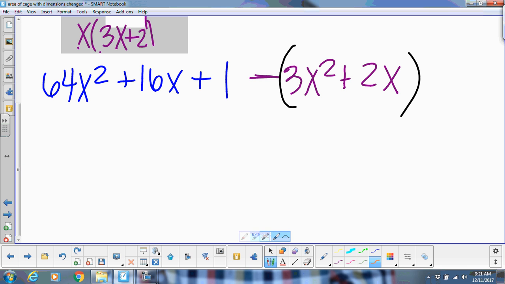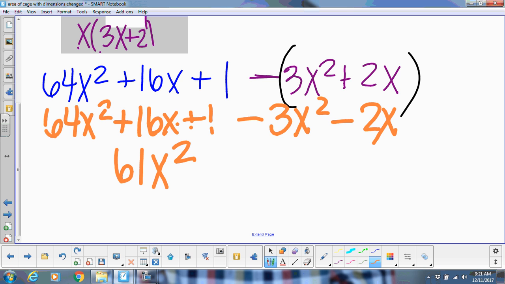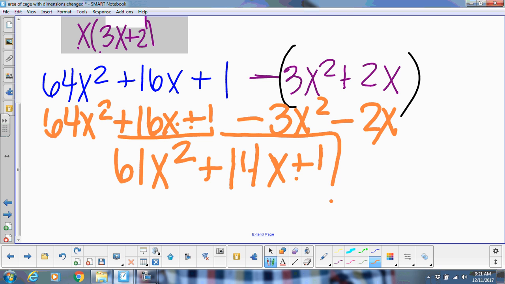Okay? So that still stays 64x squared plus 16x plus 1. This turns into minus 3x squared and minus 2x. So what's my final answer? Well, 64x squared minus 3x squared, 61x squared, 16x minus 2x, plus 14x plus 1. All right, questions on adding area? Subtracting area? We good?